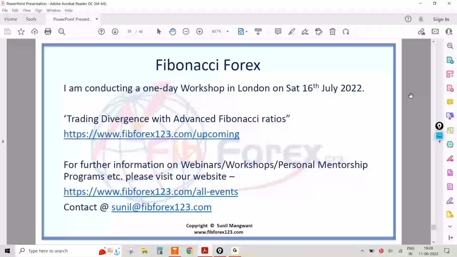And letting you in on a secret, it's not the 61.8 golden mean ratio. It's another ratio which we have talked about earlier. So if you want to really understand divergence, this is the workshop for you, combining advanced divergence, advanced Fibonacci ratios, and the practical tools which the institutes use.